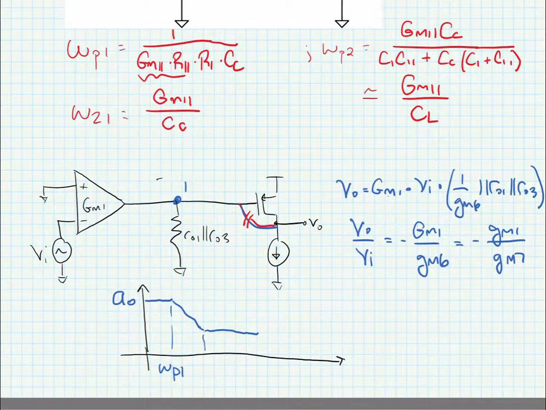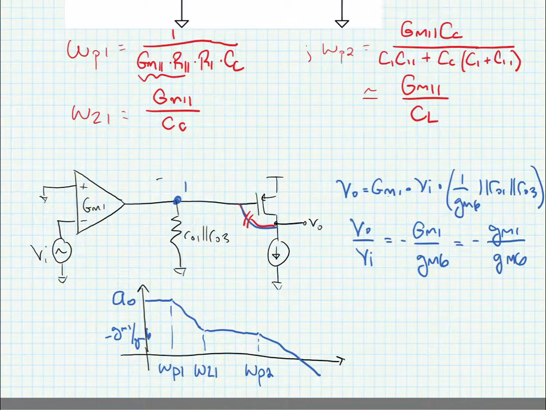Then we'd hit our zero frequency, omega Z1. We'd have a gain of minus GM1 over GM6. Sorry, I noted here that I wrote the wrong subscript. It should be GM6 up here in that equation. Finally, we would get to another pole frequency, omega P2, and we'd roll off at 20 dB per decade.